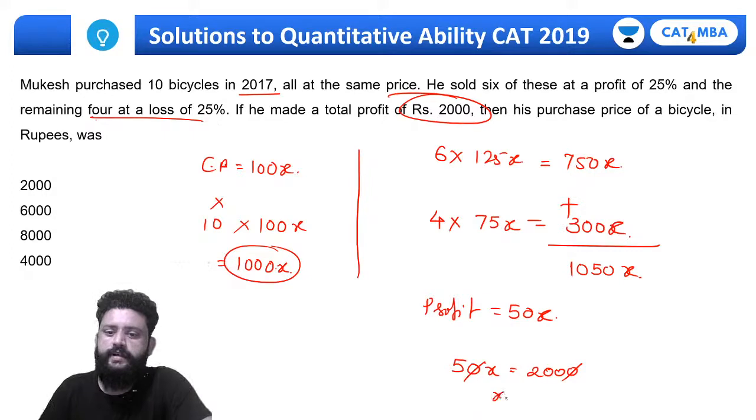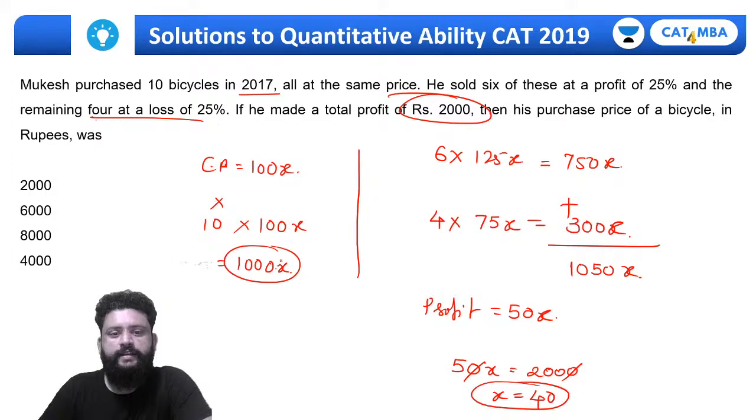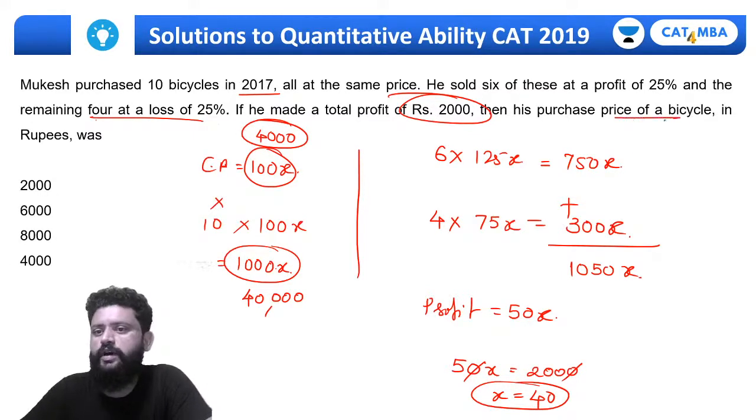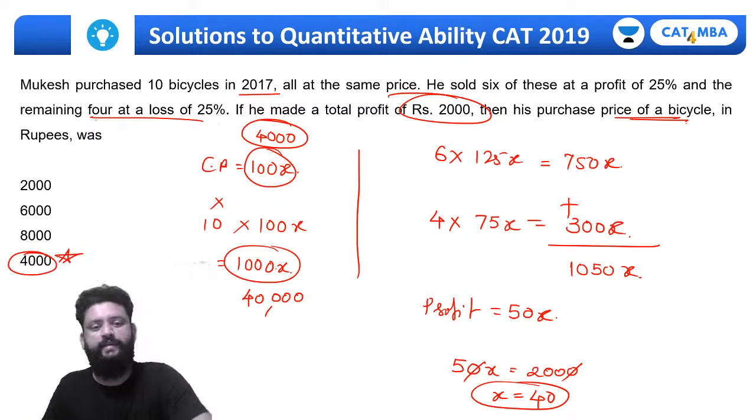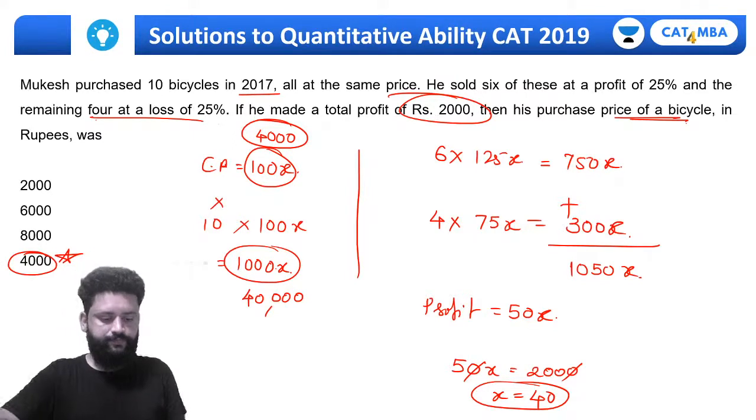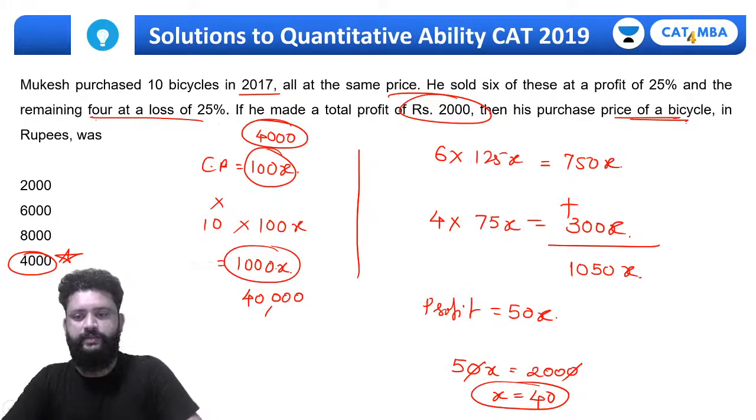That simply means x has to be 40 and the total cost was 40,000 basically, but for one bicycle it will be just 4,000. So the purchase price of a single bicycle is 4,000. For 10 bicycles it is 40,000. Hopefully that's easy for all of you.